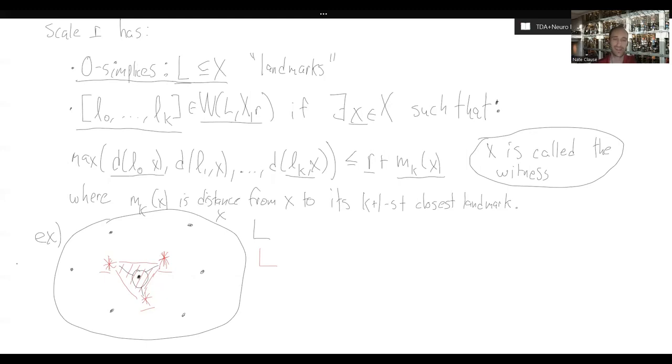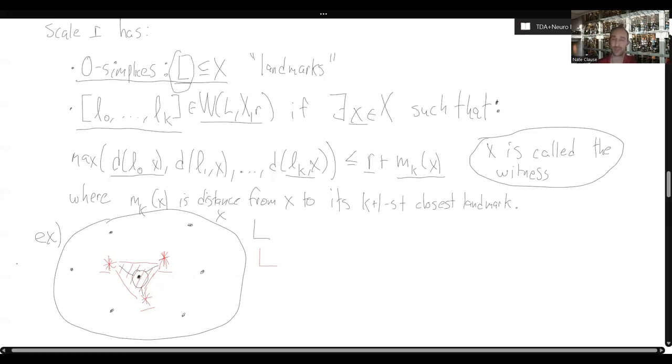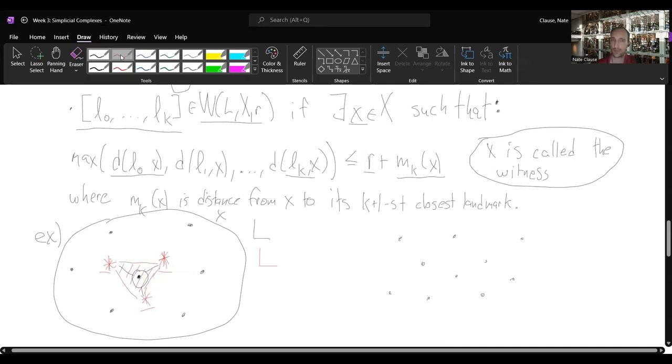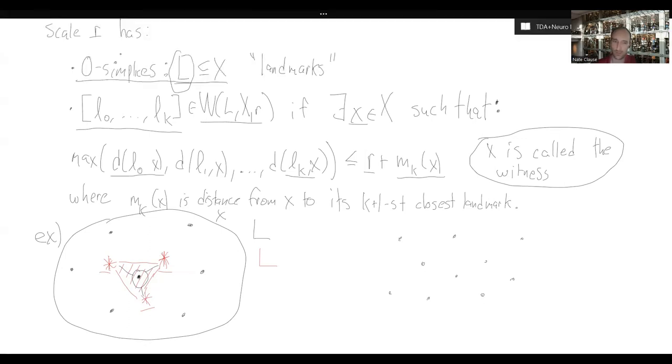One thing that I've not talked about is how do we go about choosing this set of landmarks? Because as you can tell, that could be a very important decision. I mean, say we had a number of points here in some metric space. The idea is we want to choose landmarks so that the simplicial complex built on top of the landmarks is representative of the simplicial complex built on the entire space.